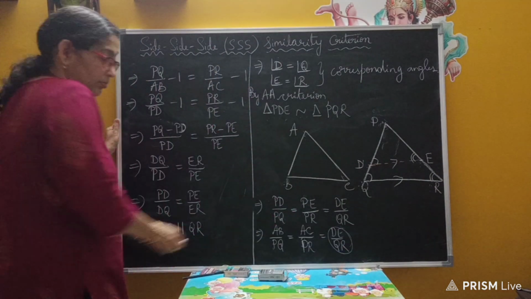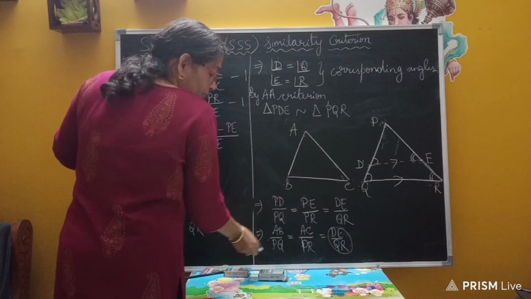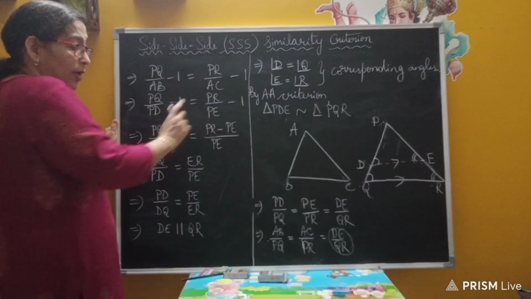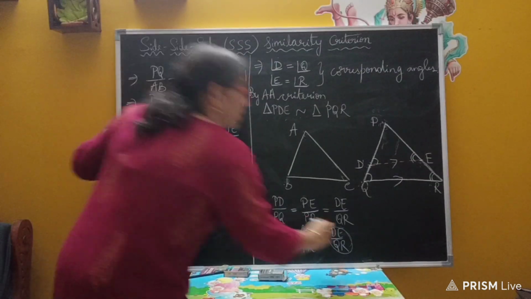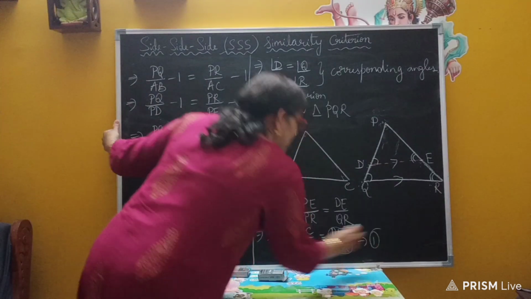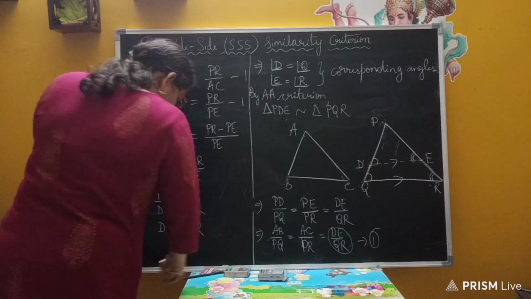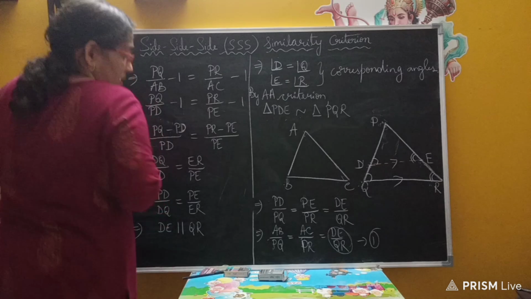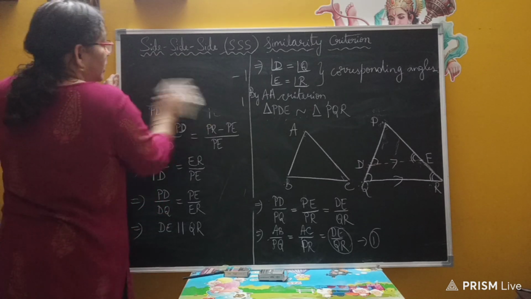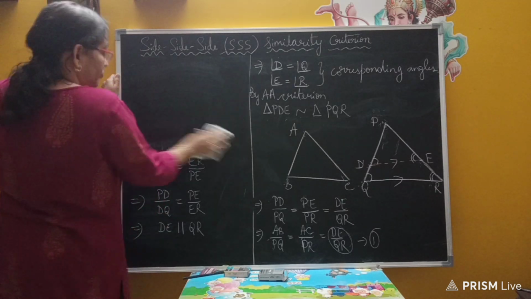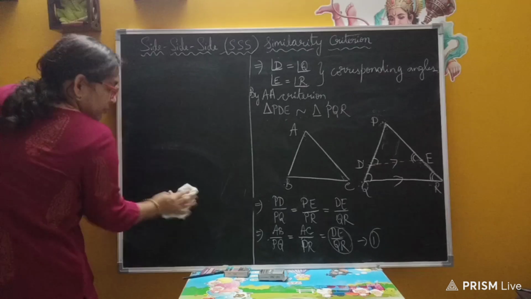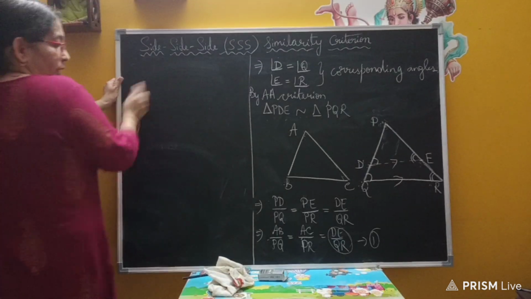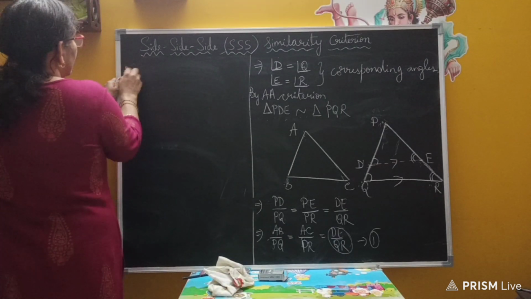The other two ratios are the same in the given part as well as here. This is equation 1. Let us continue that now.